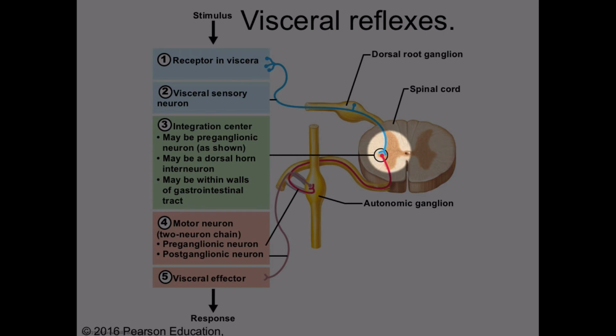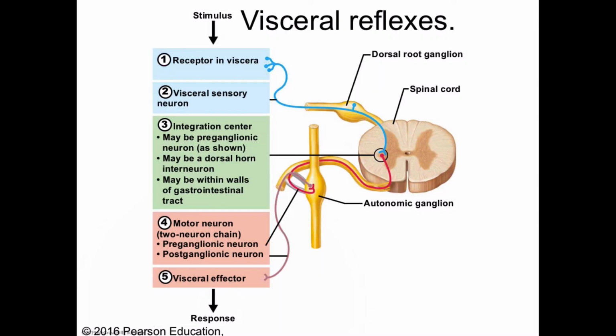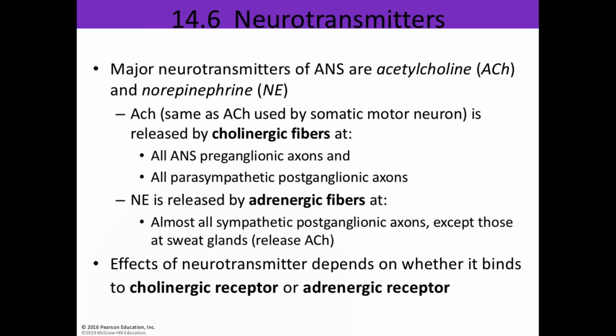At any rate, we continue on by way of a motor neuron. After the motor neuron, we'll enter into what is called the autonomic ganglion. And then it may very well be some visceral effector, then getting us to our response. So there it is, class. The visceral reflex. All right, neurotransmitters, class.